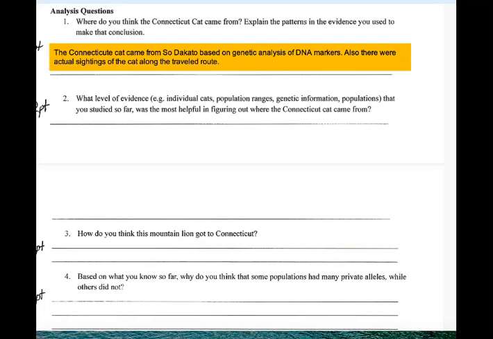What level of evidence, individual cats, population ranges, genetic information, populations that you've studied so far was most helpful in figuring out where the Connecticut cat came from?